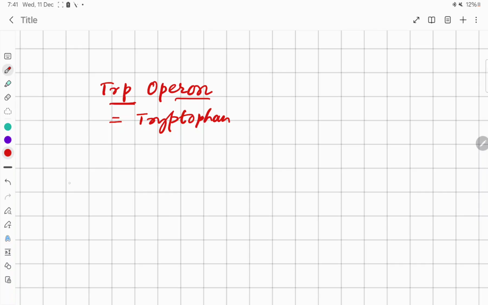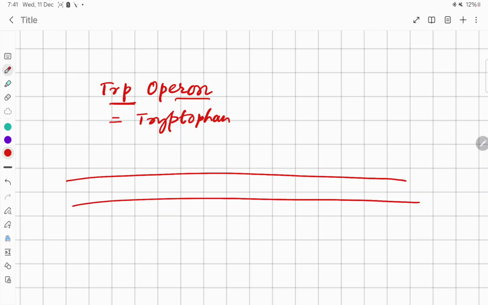And if you see the structure of the TRP operon, then the genes which are functionally related are 5 in number. TRPE, TRPD, TRPC, TRPB and TRPA.